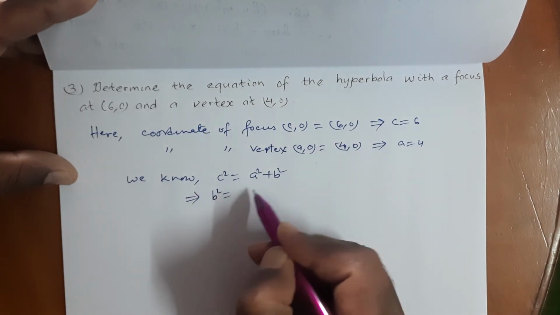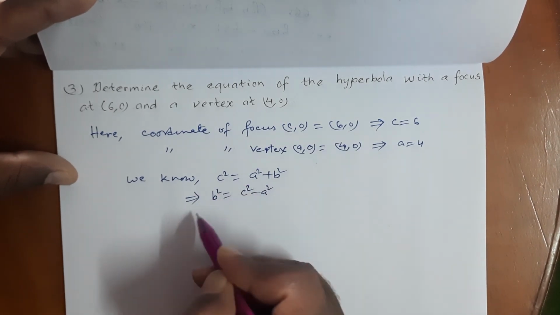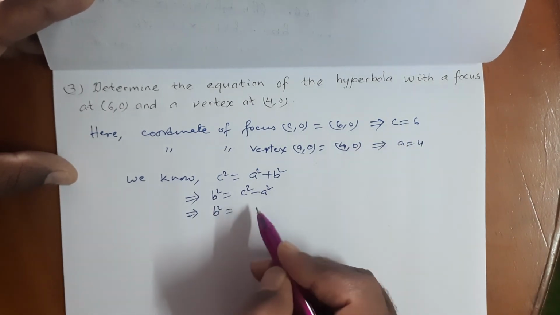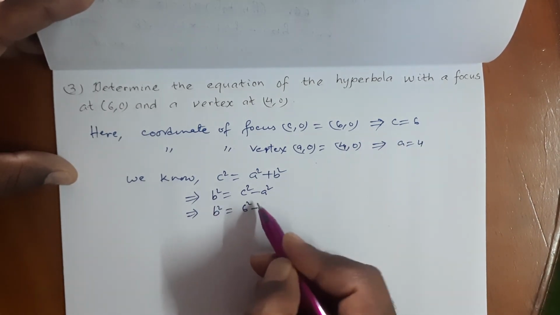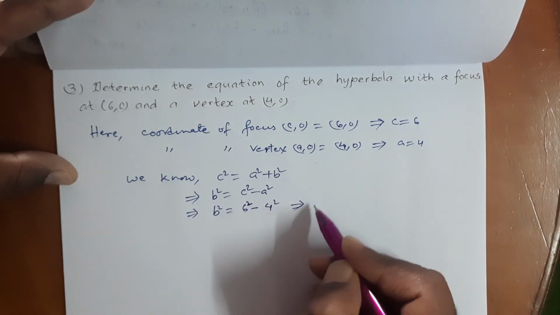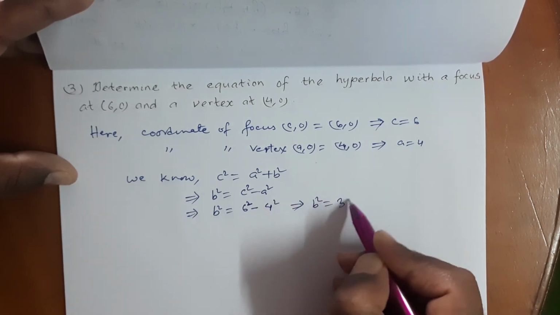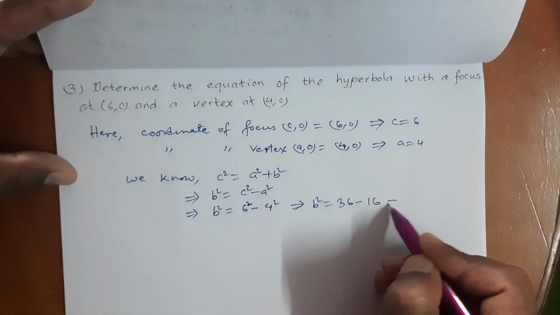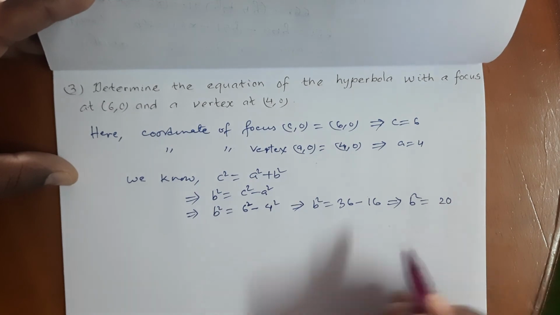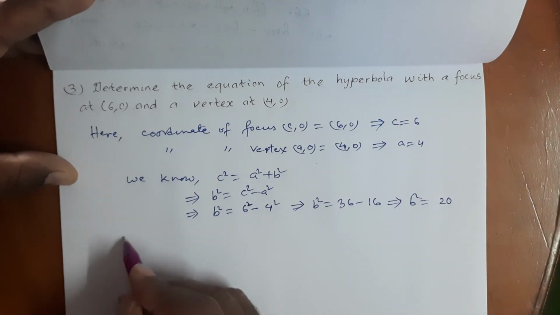So b square will be c square minus a square, that is 6 square minus 4 square. This implies b square equals 36 minus 16. This implies b square equals 20.